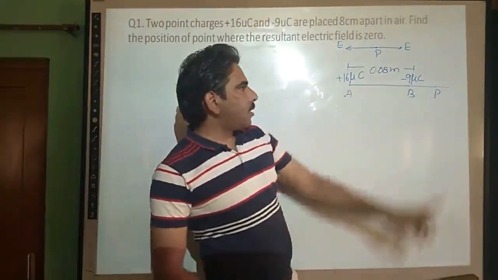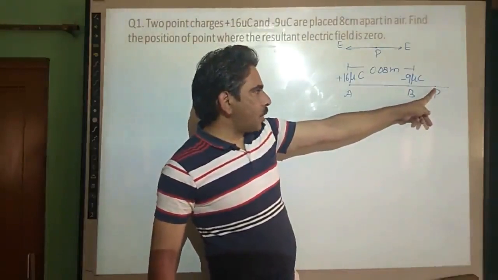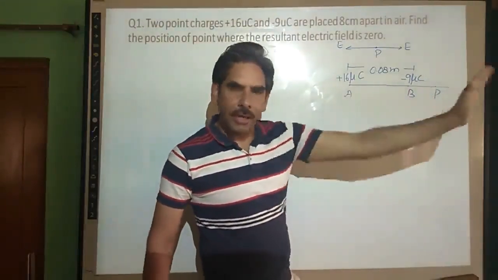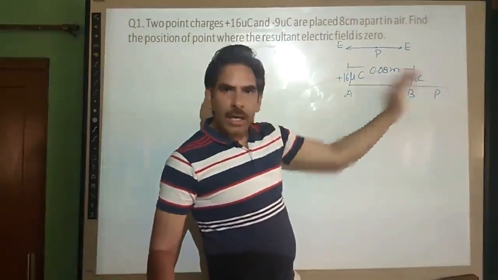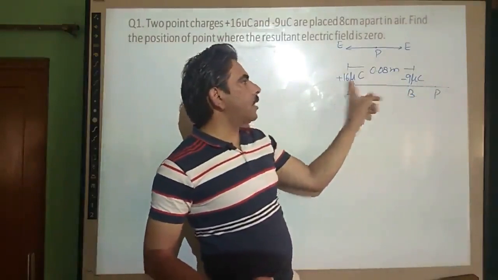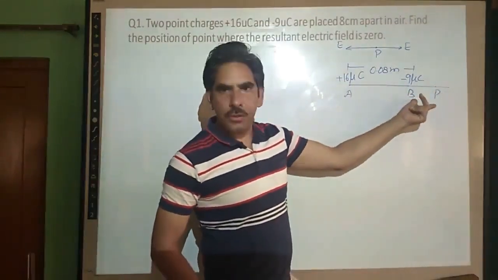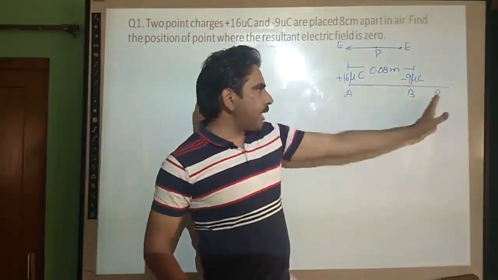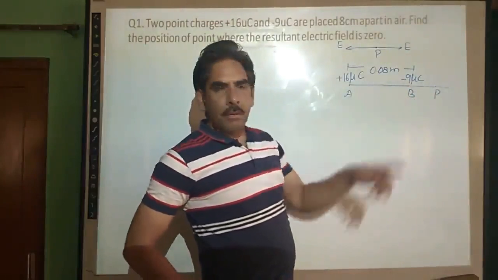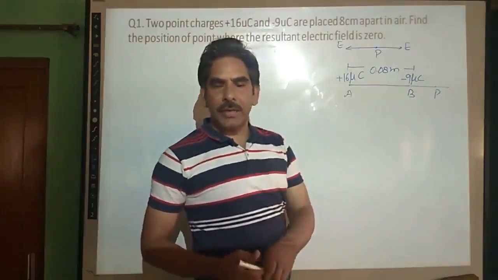If we place a positive charge at this point, this positive charge will repel it and hence the electric field will be away, and this negative charge will attract it. And because this has higher magnitude, it can exert a sufficient amount of force at a longer distance in comparison to this one. So this can be a point on the right side of the smaller charge, minus q, where the net electric field, or resultant electric field, can be 0.